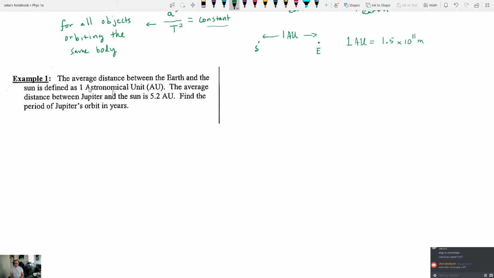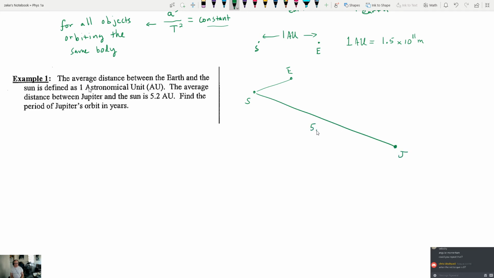Okay, so the average distance between the Earth and the Sun is 1 AU. The average distance between Jupiter and the Sun is 5.2 AU. We want to find the period of Jupiter's orbit in years. So I'll just make a little picture right here. If this is the Sun, and this distance is the distance from the Earth to the Sun, and then Jupiter is way out here. Here's Jupiter.